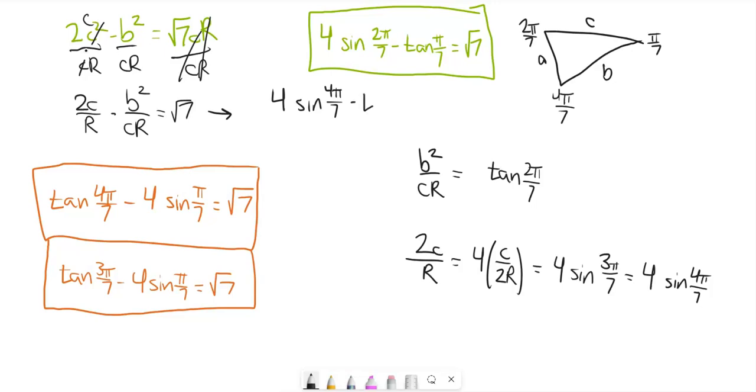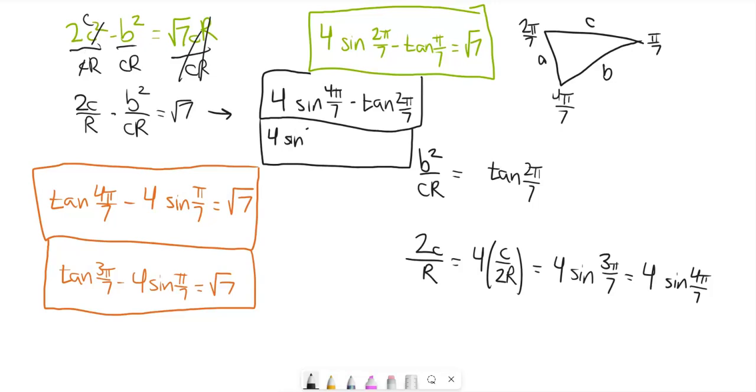Minus tangent of 2 pi over 7. And the next one is 4 sine 3 pi over 7 minus tangent of 2 pi over 7 will equal the square root of 7. And of course, I forgot the square root of 7 here.